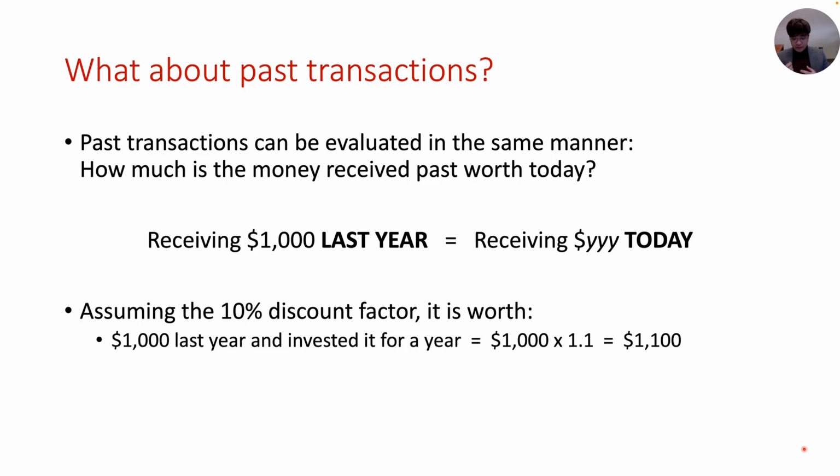This strategy using the present value concept also can be applied to past transactions. Consider you received $1,000 last year. Then, how much is that money worth today? Still using the same discount factor, 10%, you will get $100 more from the investment, so the money you received is worth $1,100 now.